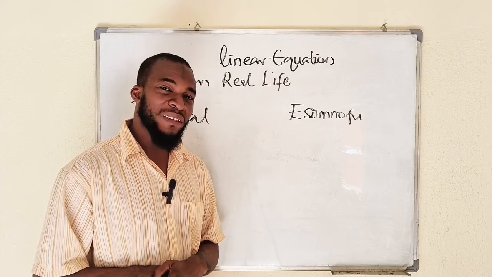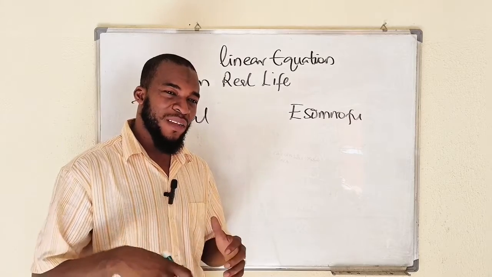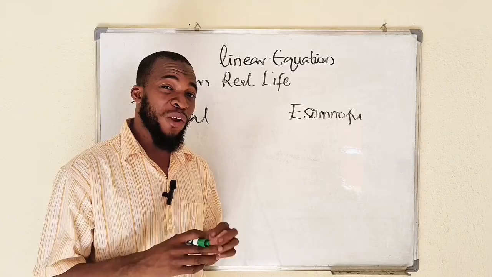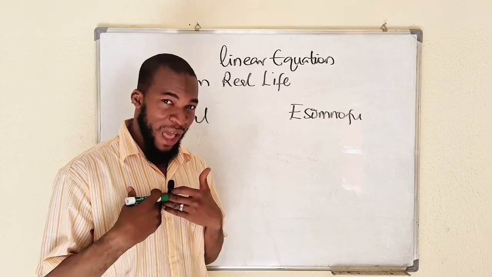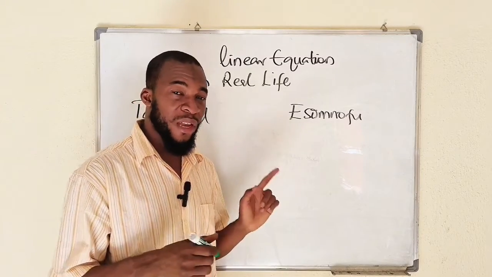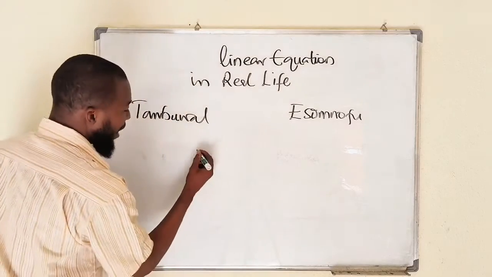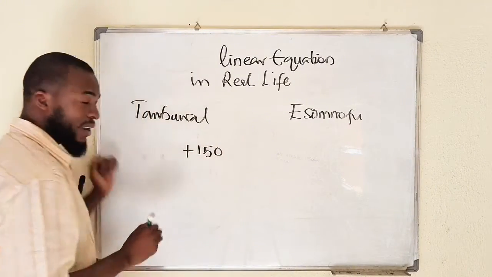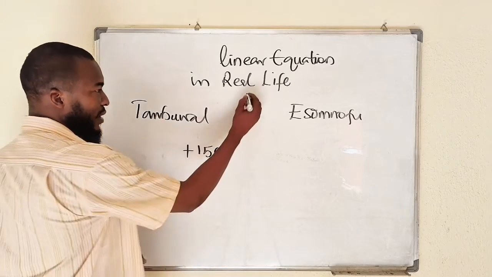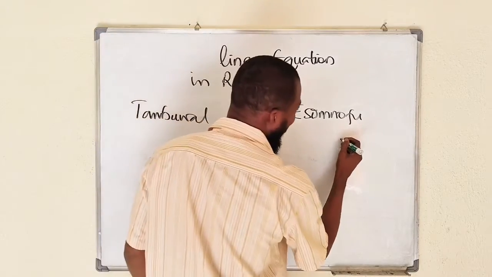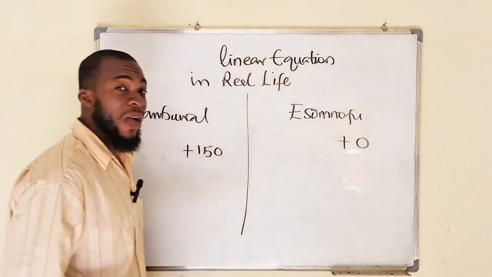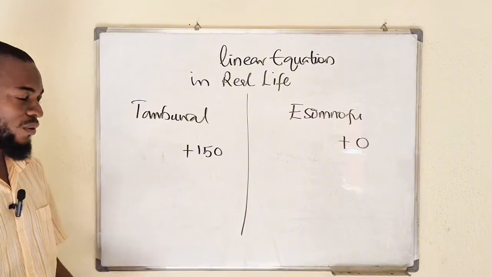But it happens that before we started depositing that weekly amount, I have 150 Naira in my account. So we are not going to count that 150 Naira. So I have 150 Naira in the account already before we started depositing. And unluckily, Mr. Isomnofu has nothing in the account. Maybe it is just any account.